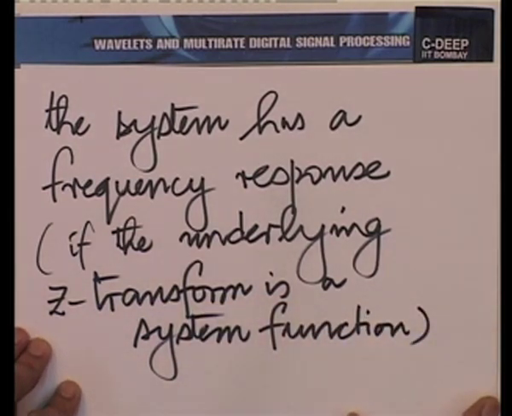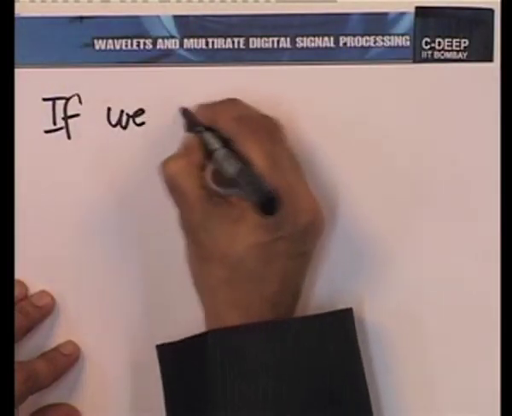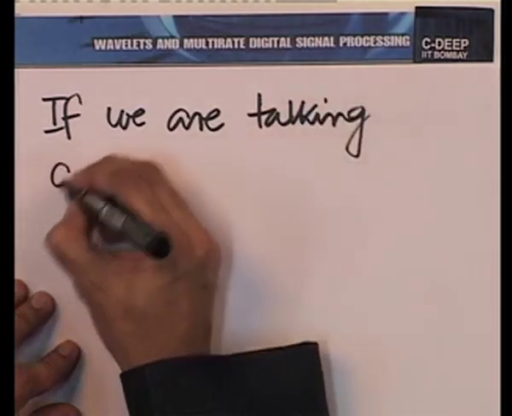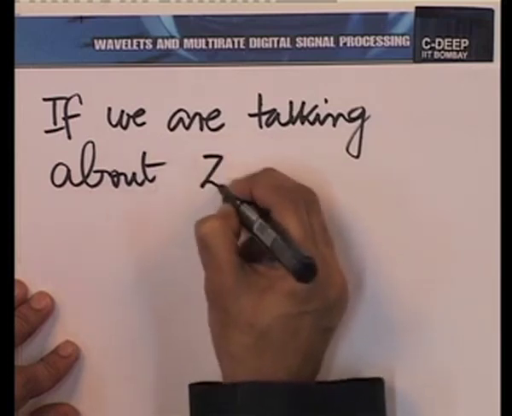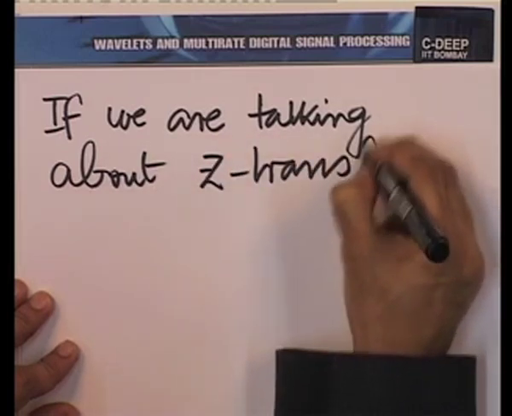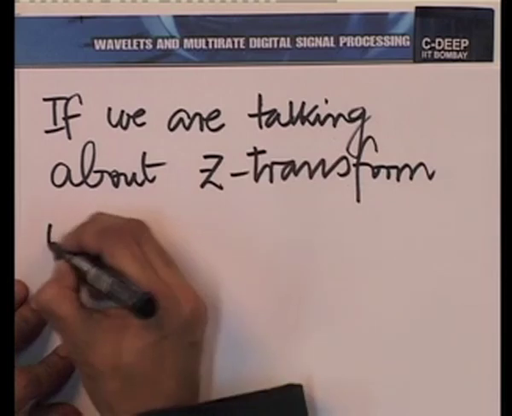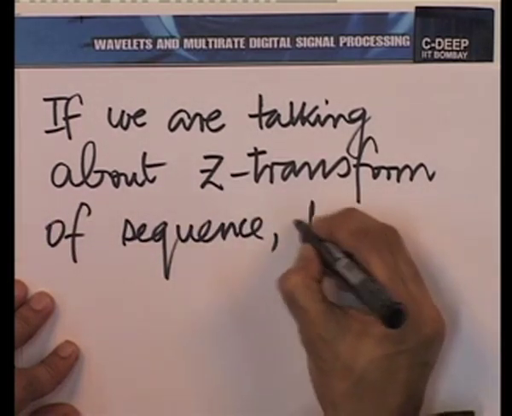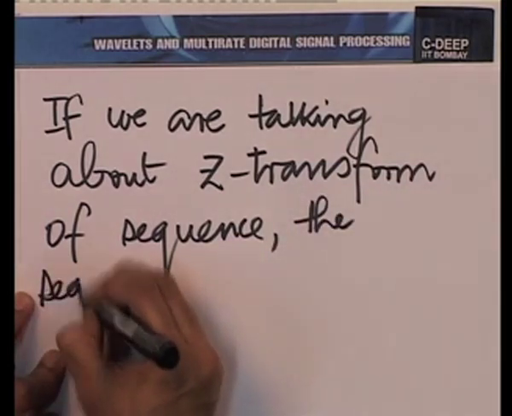And of course, otherwise, in case we are talking about a sequence, then we say the sequence has a discrete time Fourier transform, a DTFT for short.